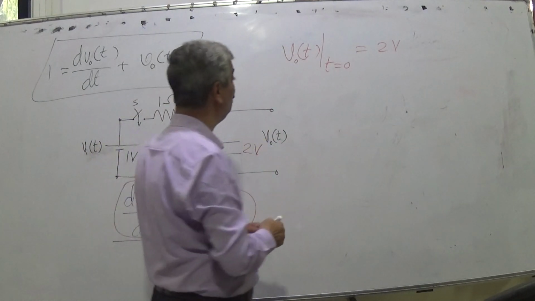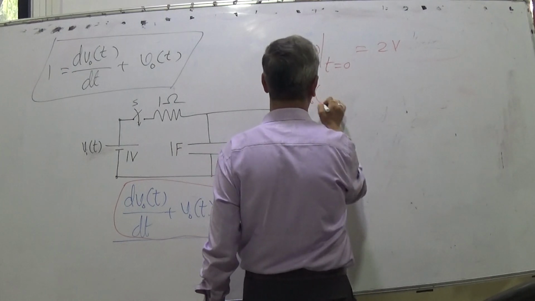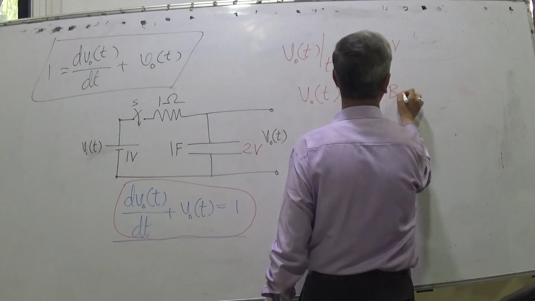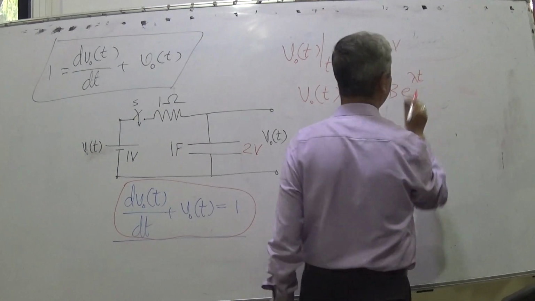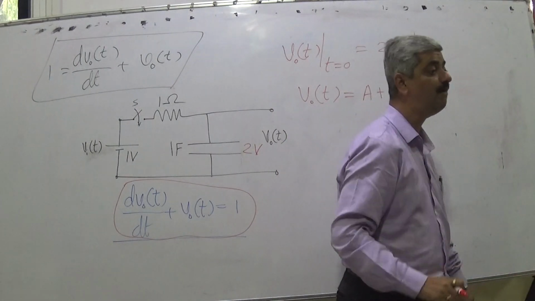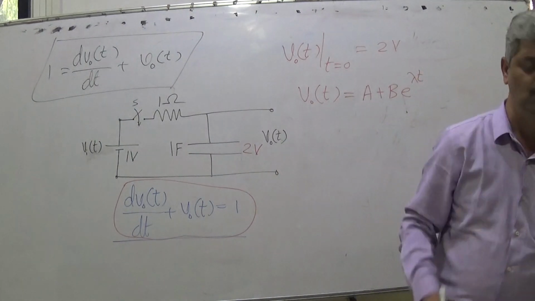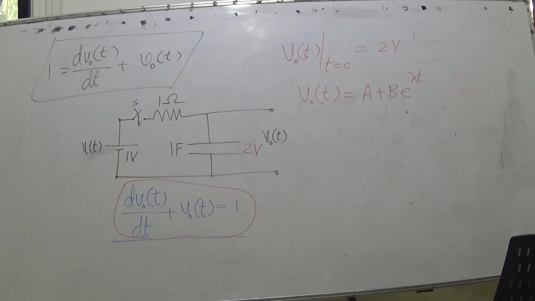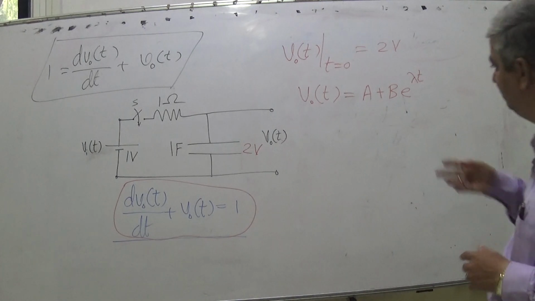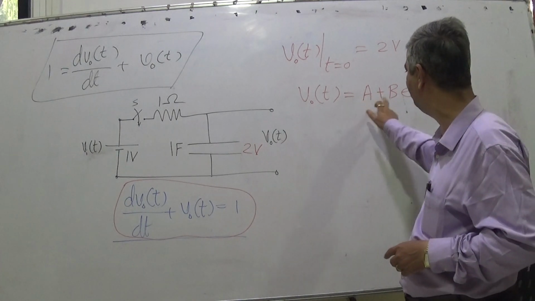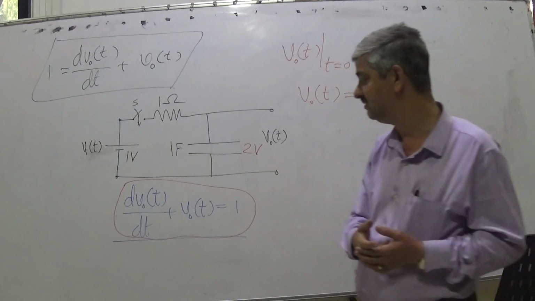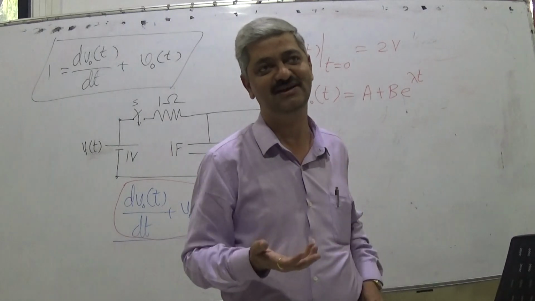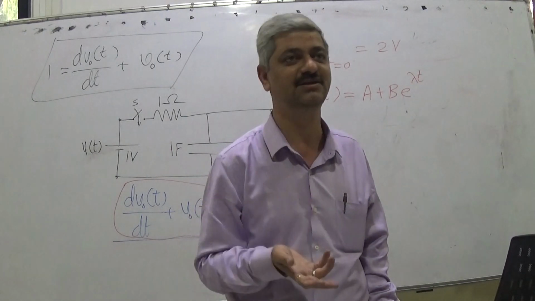So I told you in the last session that for such a differential equation, VO(t) equal to a plus b e raised to lambda t is a broader type of solution. We solved it assuming this solution and found out values of a, b and lambda. Now the question is how that happened: I gave you the hint and you worked.